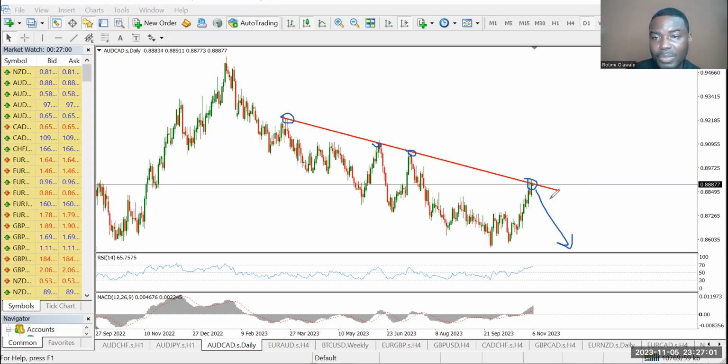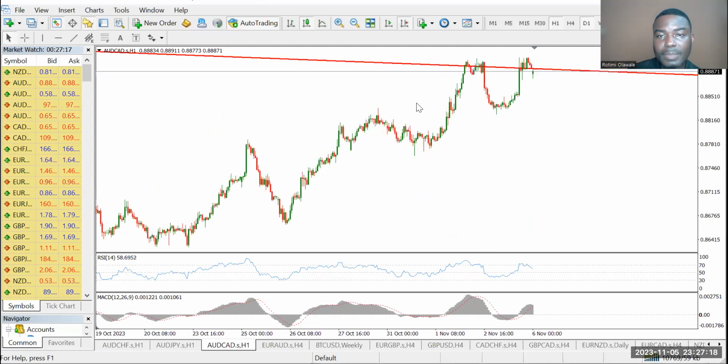So I'll go down to the lower time frame, 1 hour, to look at our possible entry on this. If I flip down to the 1 hour time frame, I can see that price is forming what looks like a double top pattern, which is equally a bearish reversal pattern, just like we had on the rising wedge.